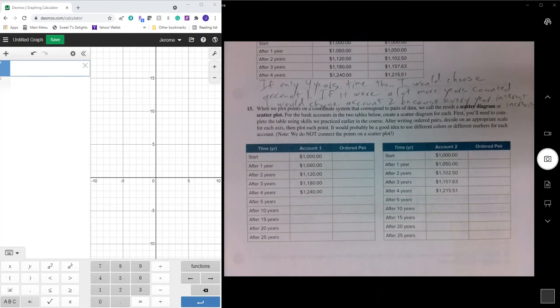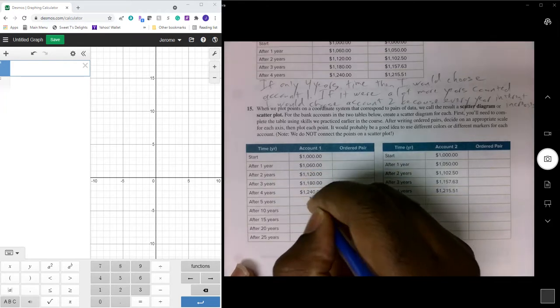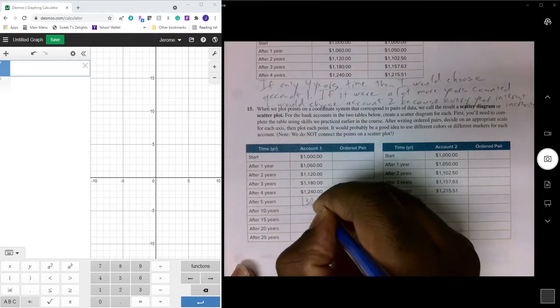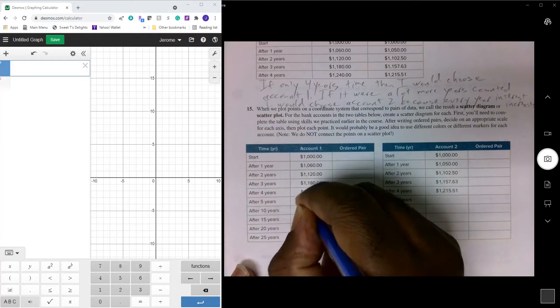Now, based upon what we did earlier, as far as the accounts and interest, we could figure this out here. So we went 1,060, and so on. Our next value here is going up by $60, so this would be $1,300.